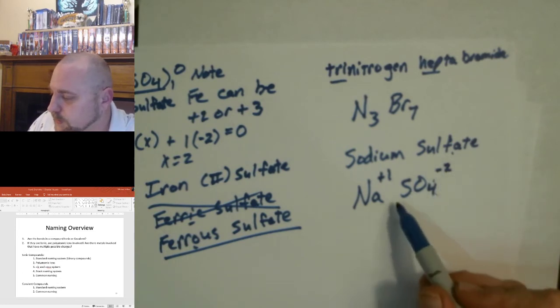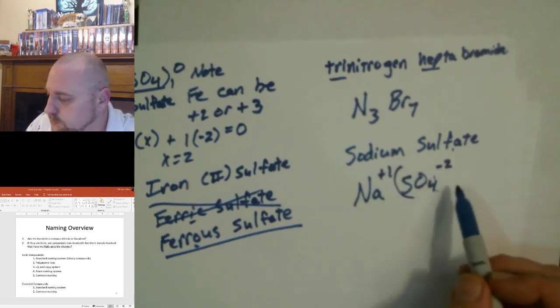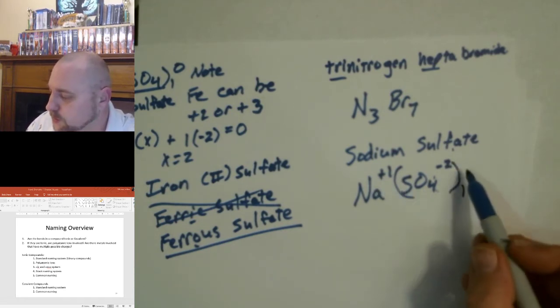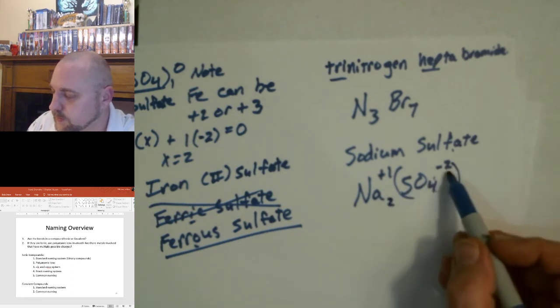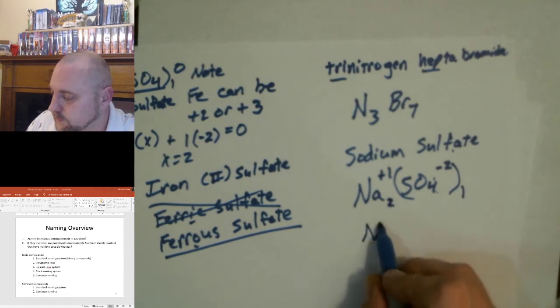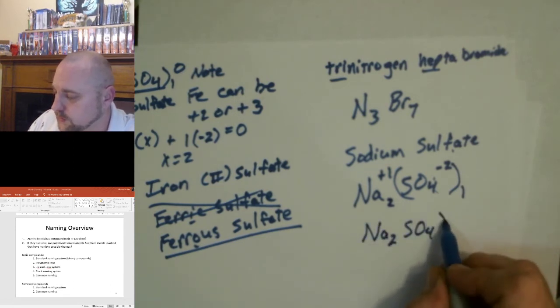Okay, so I'm ready to do my crisscross. I want you to remember polyatomic ions get parentheses. And so a 1 comes here, and the 2 comes down there. So I'm bringing this 2 across. Don't bring the negative. So Na2(SO4)1.